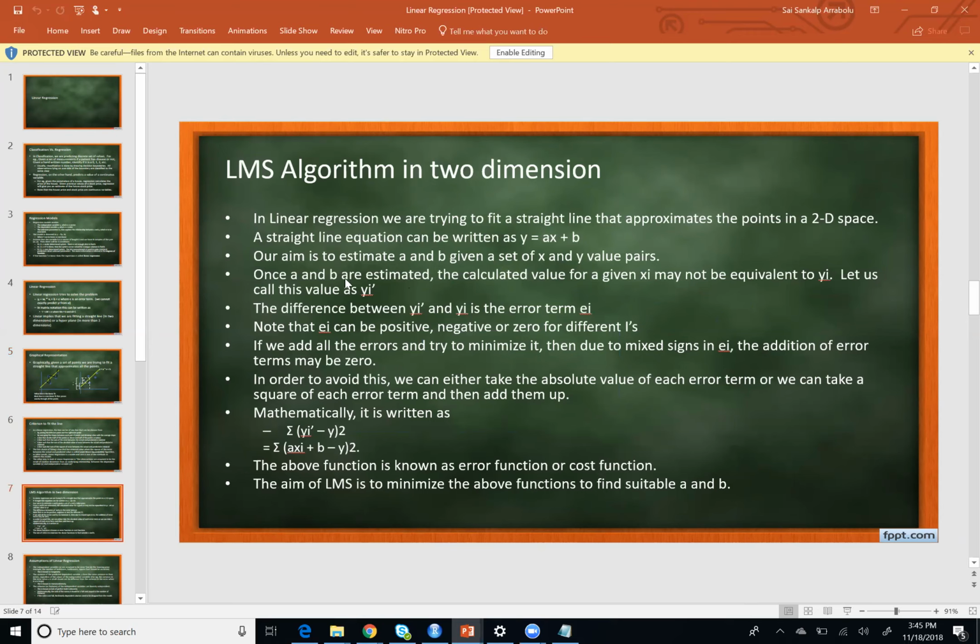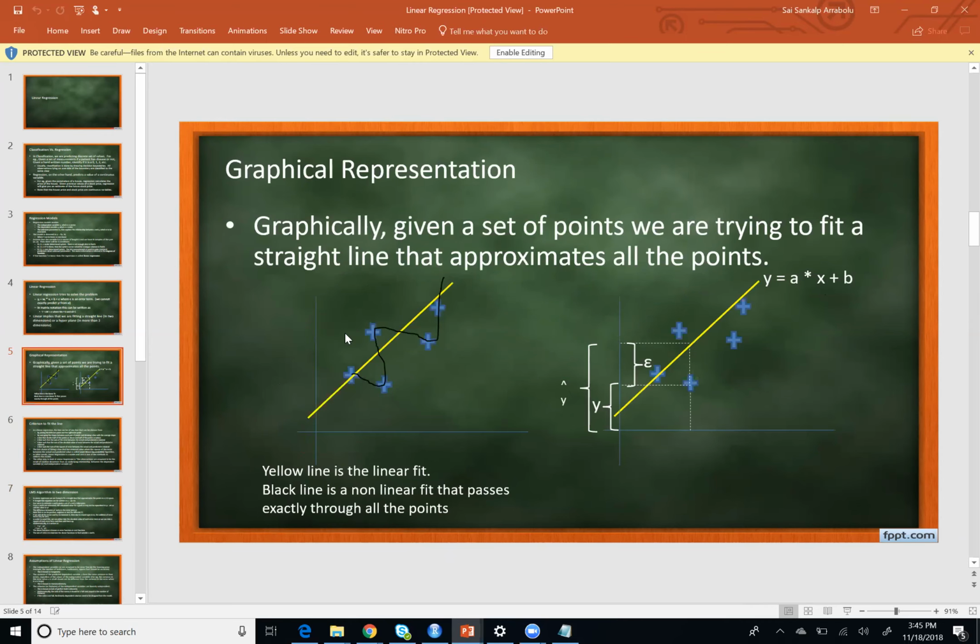Once a and b are estimated, the calculated value for a given xi may not be equivalent to yi. Because when you actually come here, this point's value is not this, it's going to be this. When you look at x here, we look at where the corresponding y is from that line. So that's a prediction value, right?